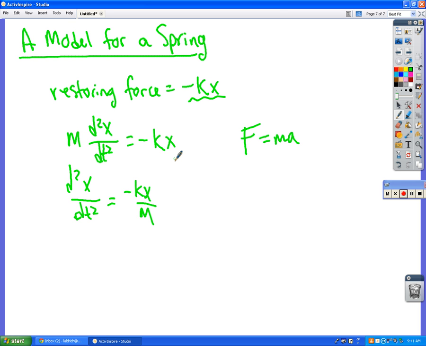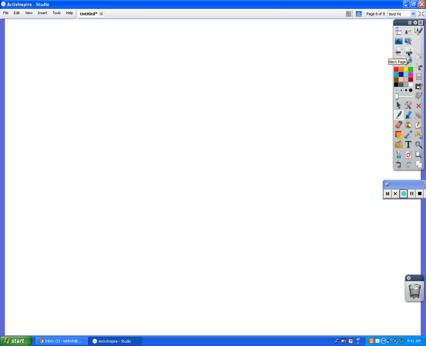All right, so let's do some examples just for fun. Two examples.